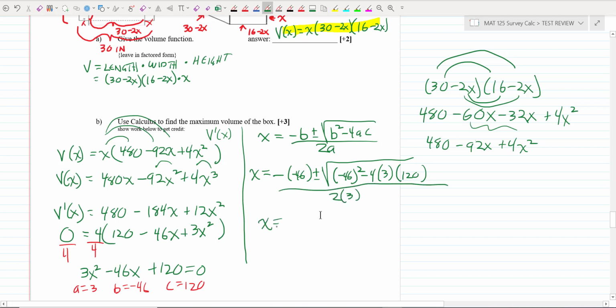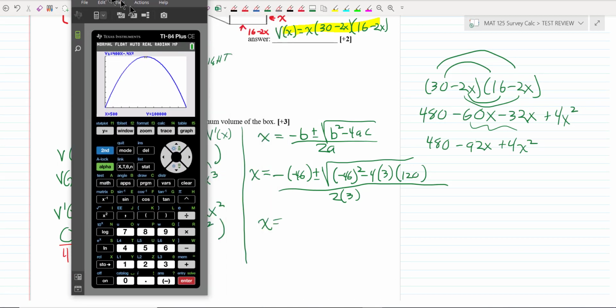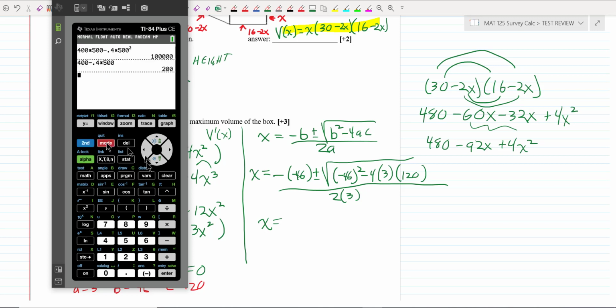Now I'm going to pull up my calculator, and what I generally like to do is work out the discriminant, the part under the radical. So negative 46 squared minus 4 times 3 times 120, and then I'll record that. That's 676.